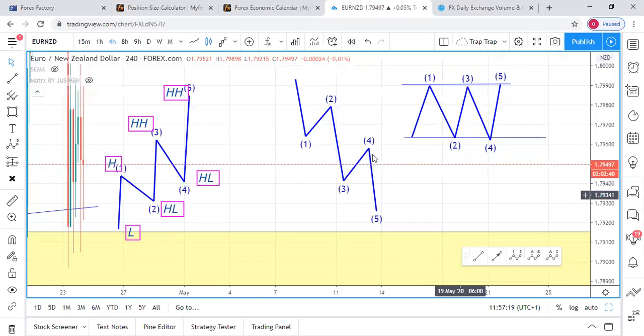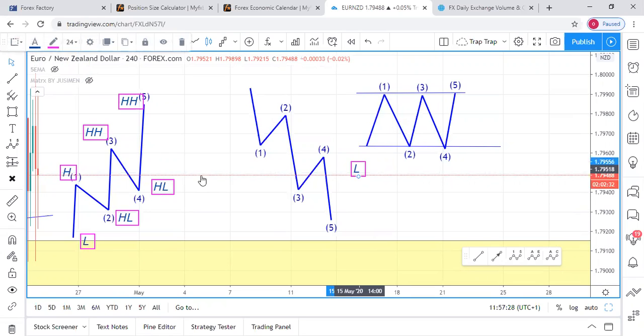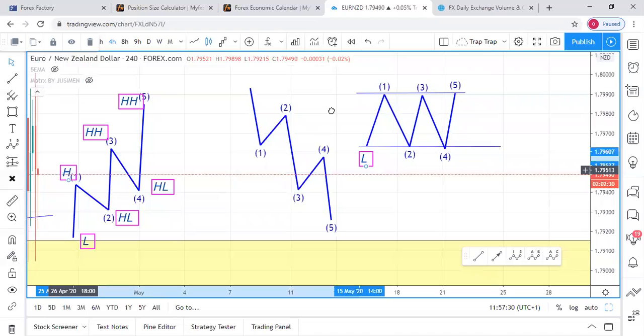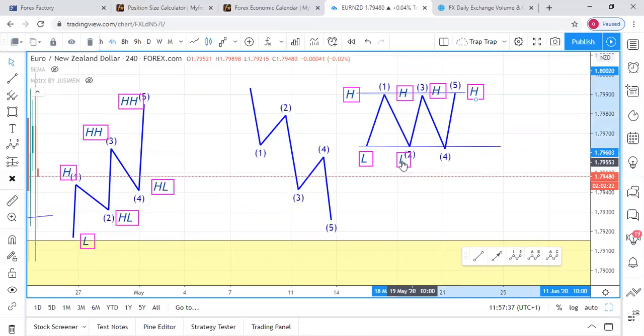Whereas for the consolidation, you simply have a low and a high, then a high, then a high, and a low and a low.